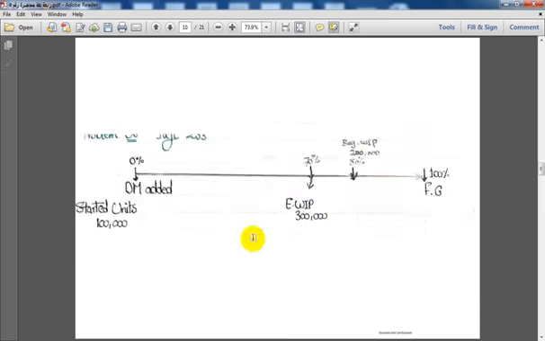Ending work in process at 70%. Direct material is added before, so direct material will be used totally here, but conversion cost is at the same level.